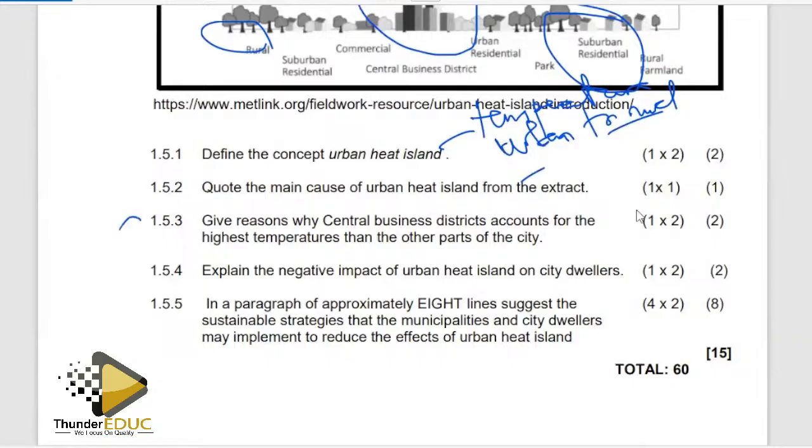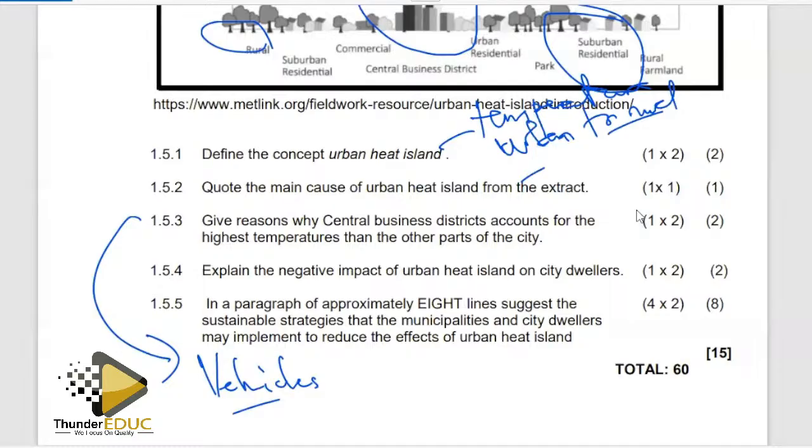Give reasons why central business districts account for the highest temperatures than other parts of the city. The CBD, why does it have higher temperatures compared to other parts of the city? Talk of the vehicles. The vehicles are many in the urban CBD.